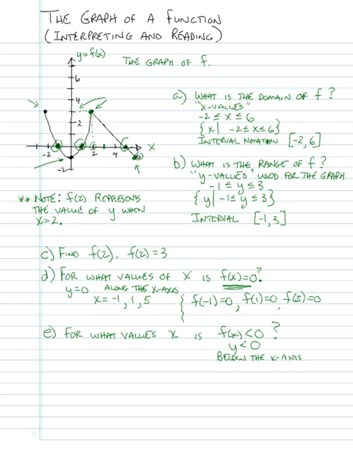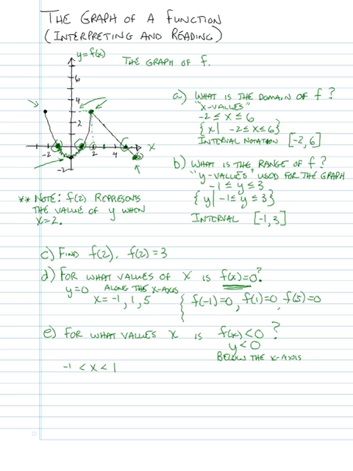All the y's that are on the x-axis are 0 values for y. So all that part of the graph is below the x-axis, and those x's are bigger than -1 and less than +1. And why did I not put equal? Because when x is -1, the y value is equal to 0, not less than 0.